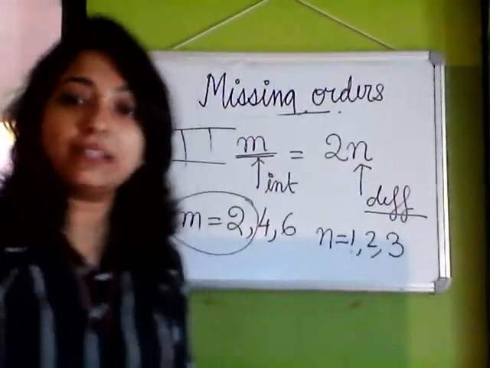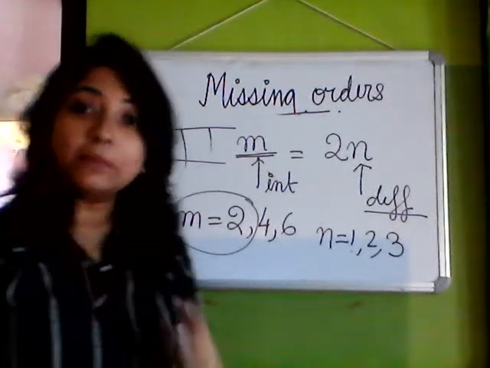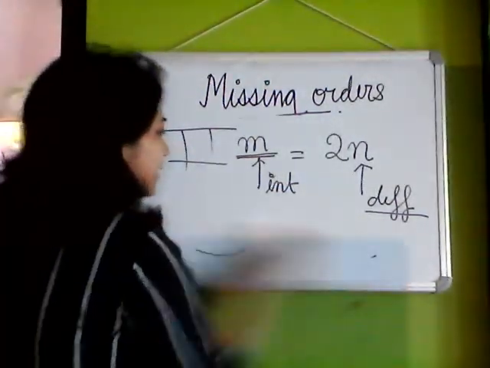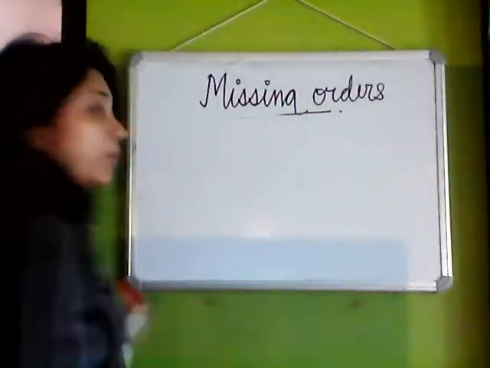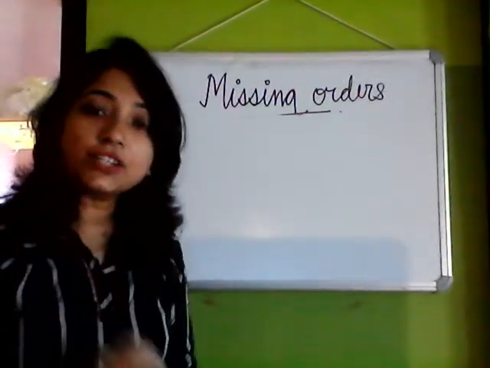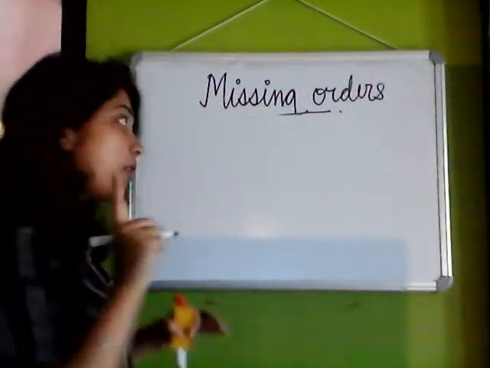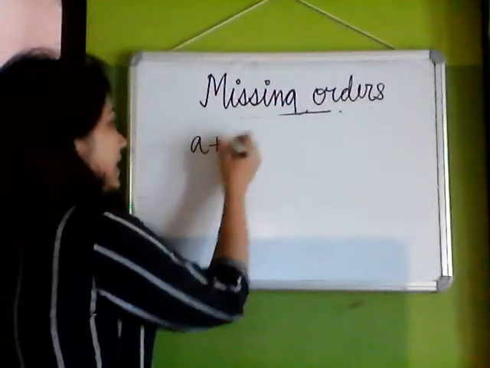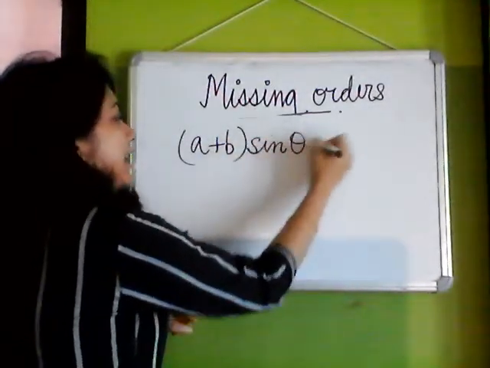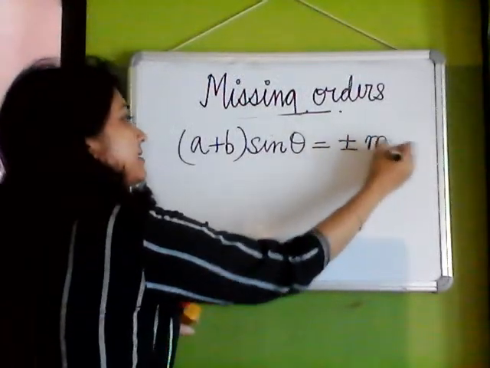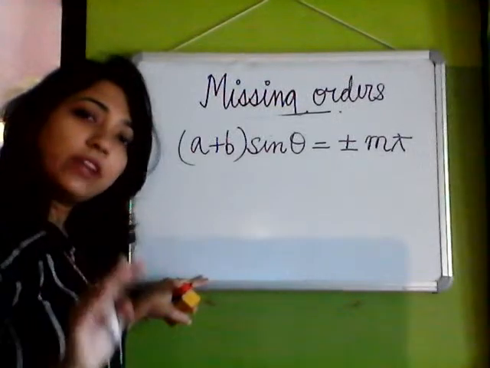All right, Purvita, I will tell you once again how the orders are getting missed. Once again, what have we seen? We have seen that the condition for interference maxima was (A plus B) sine theta is equal to plus minus m pi, where m can take up values from 1, 2, 3, 4 and so on.